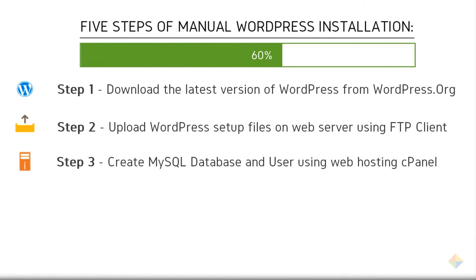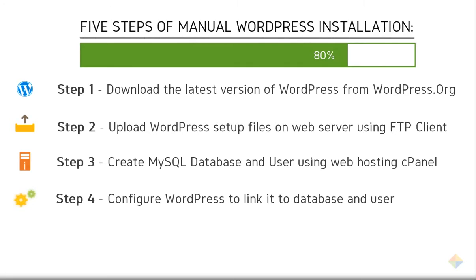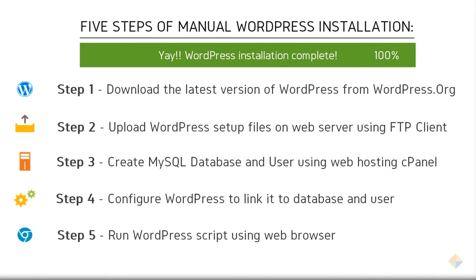Third, we'll be creating a MySQL database and user. Fourth, we will configure WordPress to link it to the database and user. And lastly, we'll run the WordPress script using a web browser. So let's get started.